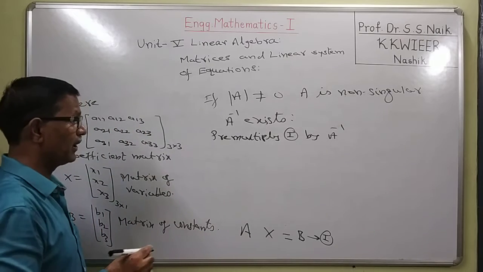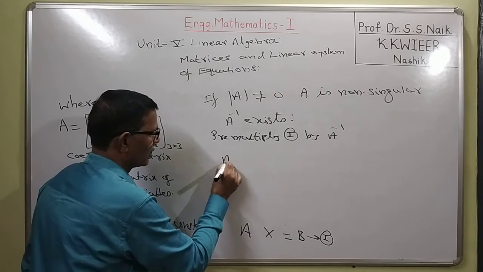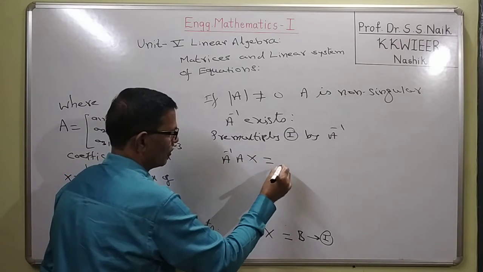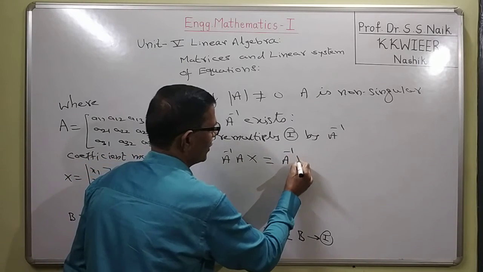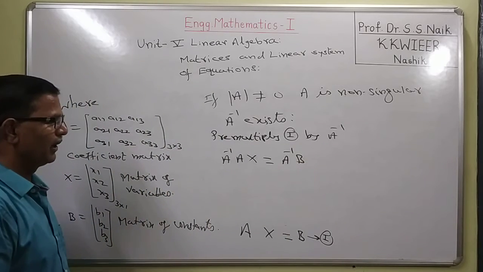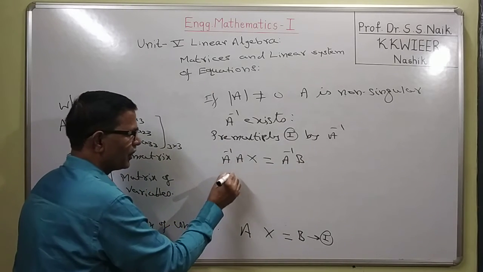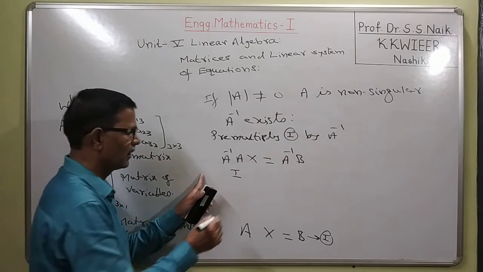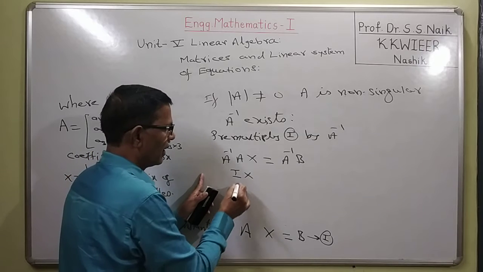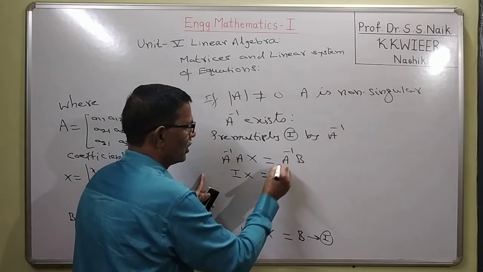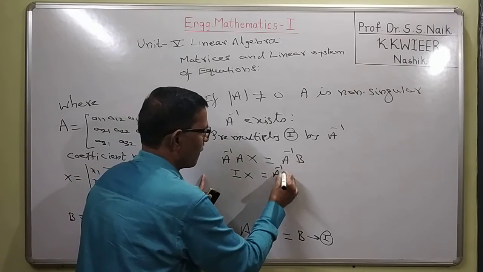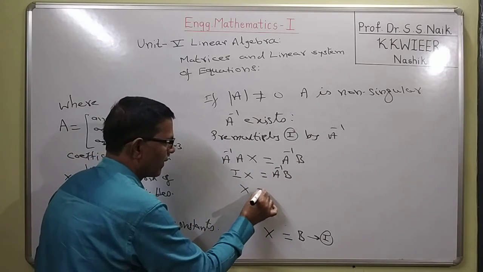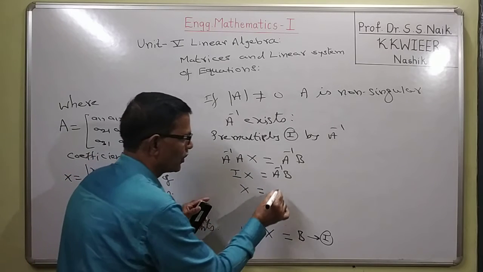Then you get A inverse into A into X is equal to A inverse into B. Then A inverse into A is equal to I, the identity. Then this becomes I into X is equal to A inverse B. Again, I into X is equal to X.